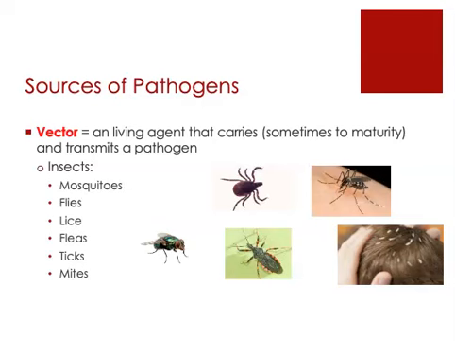The vast majority of vectors are insects. Mosquitoes, fleas, ticks, mites, lice. If it's a little annoying insect species, it can also be a vector for infectious disease.